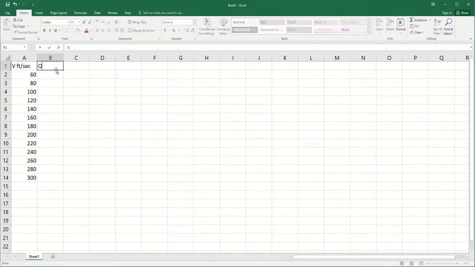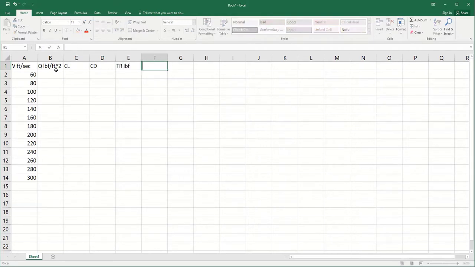And then here's our dynamic pressure. So it's pound force per foot squared. And then we want a column for CL and CD. And then the thrust required in pounds force. Of course, that's going to be equal to the drag.